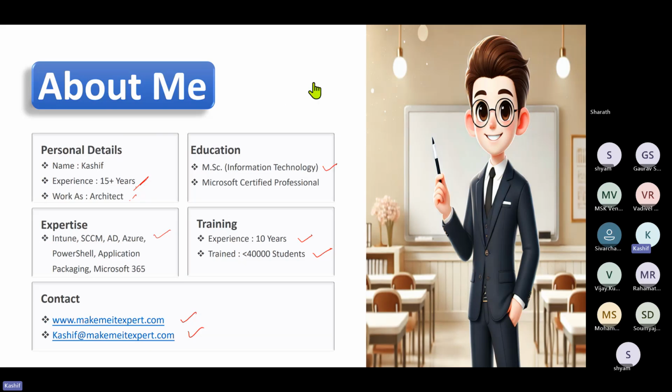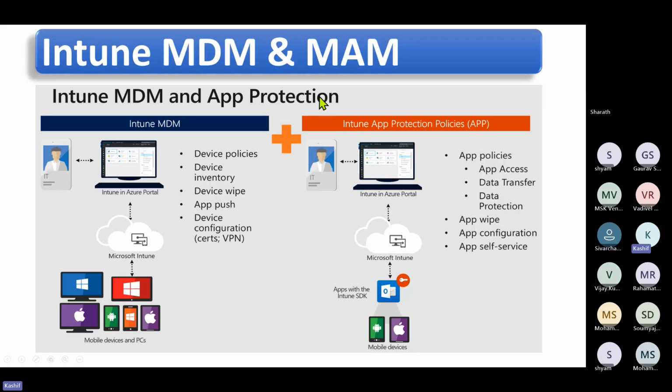Now let me take you to the next slide, which talks about Microsoft Intune. Microsoft Intune is a Microsoft product, as you all know. It was released in the market in the year 2010, and it was going okay from 2010 to 2018 and 2019. But after 2019, when COVID started, it accelerated the implementation.